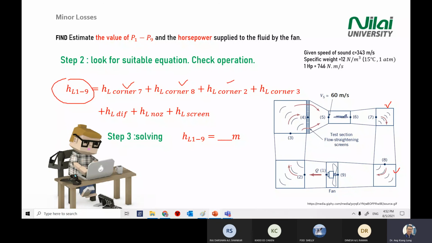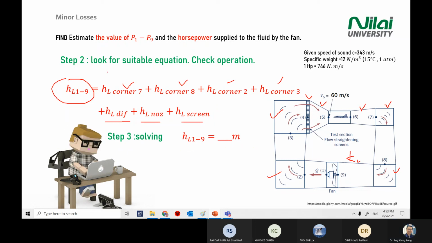Corner 2, which is here. Corner 3, which is here. Diffuser, which is here. Nozzle, which is here. Screen is here. Okay, so we ignore this. If the KL value isn't given, then you don't need to calculate. Because all these have a KL value.